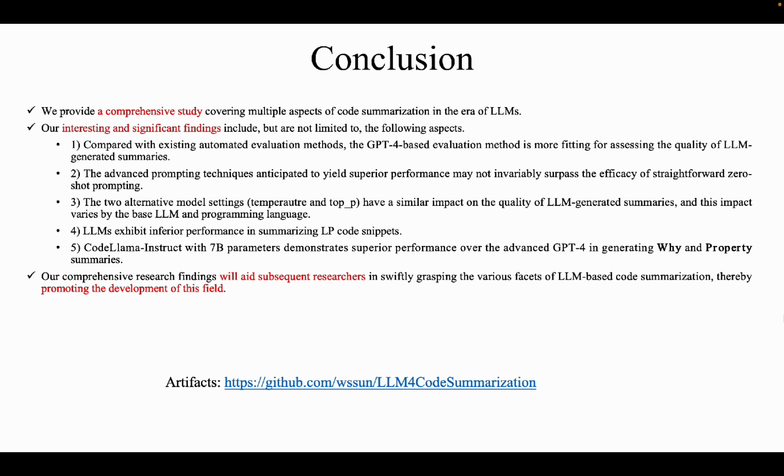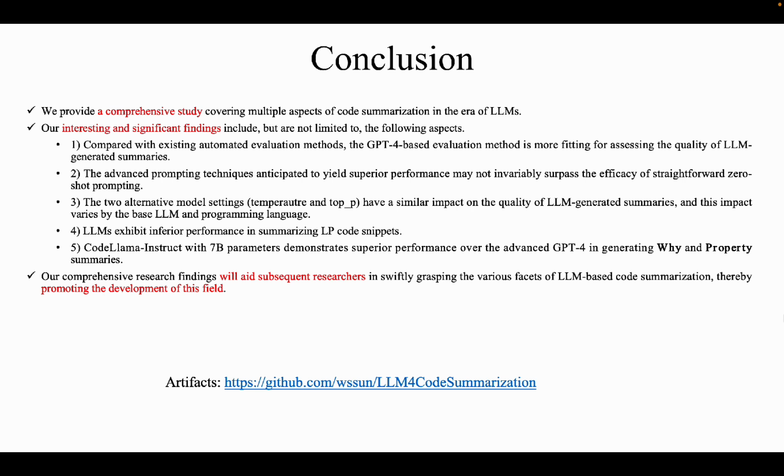And second, the advanced prompting techniques anticipated to yield superior performance may not invariably surpass the efficacy of straightforward zero-shot prompting. And the third, the 2 alternative model settings, temperature and top P, have a similar impact on the quality of LLM-generated summaries, and this impact is small and varies by the base LLM and programming language.